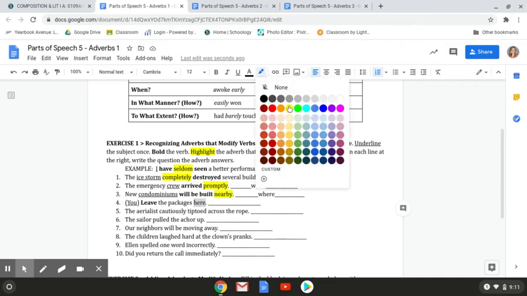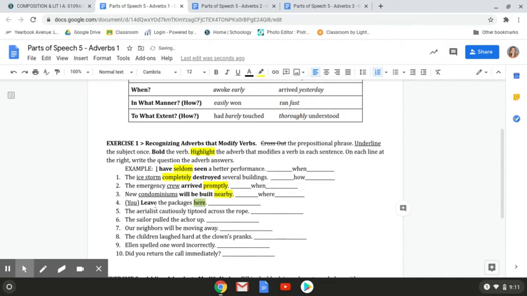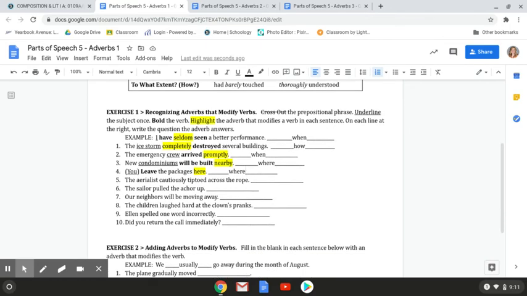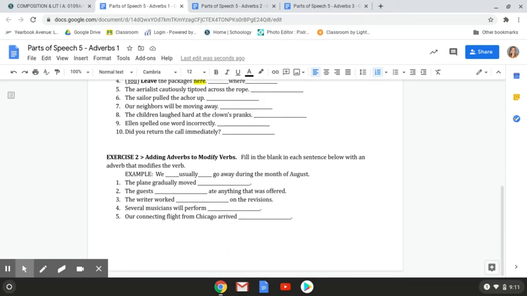It's modifying leave. Is it telling me where, when, or how to leave the packages? It's telling me where. Okay? 5 through 10 you need to do on your own following those same steps. I will tell you sentence number 5 and 8 have a prepositional phrase. Make sure you get that crossed off.